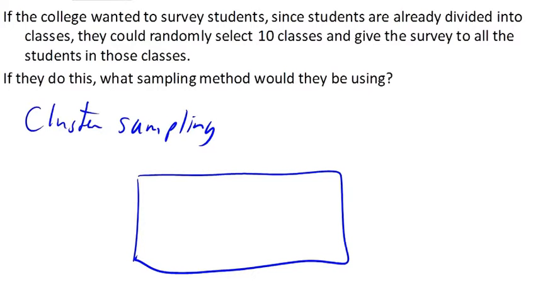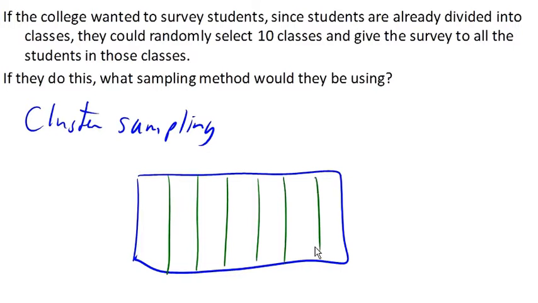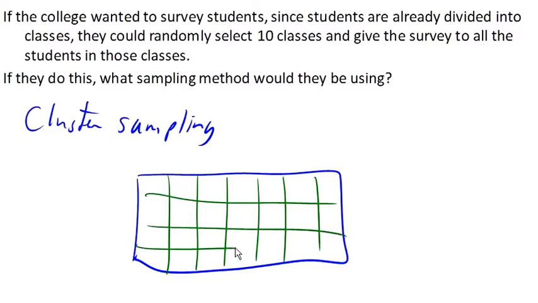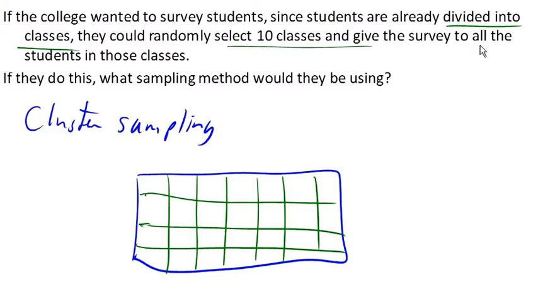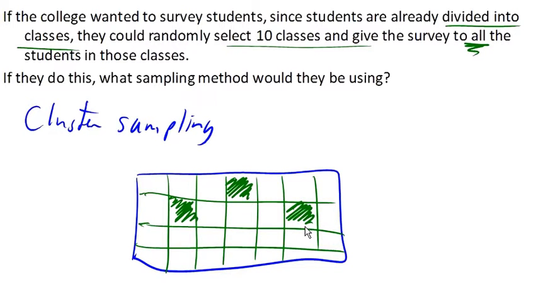With cluster sampling, we're dividing our population up into groups, in this case classes, and then instead of randomly choosing from inside each group, we select 10 of those groups and give the survey to all the students in those classes. So we're randomly selecting pockets, and then sampling everyone inside that pocket.